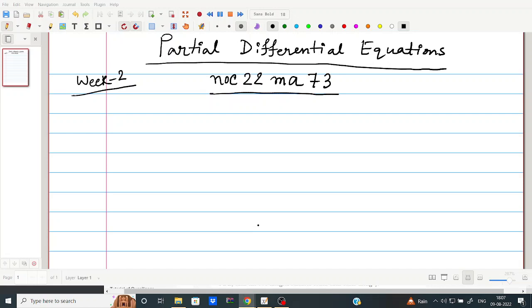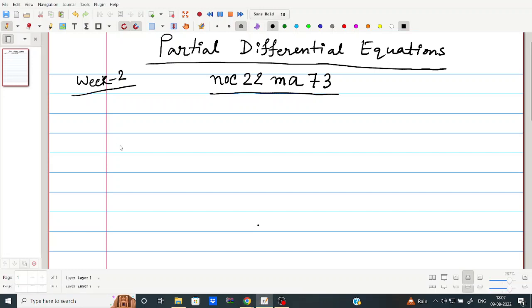So the first question is of true or false type. Consider the following statement: the characteristics of a first order linear PDE are straight lines. But the answer is false, because I will give an example.